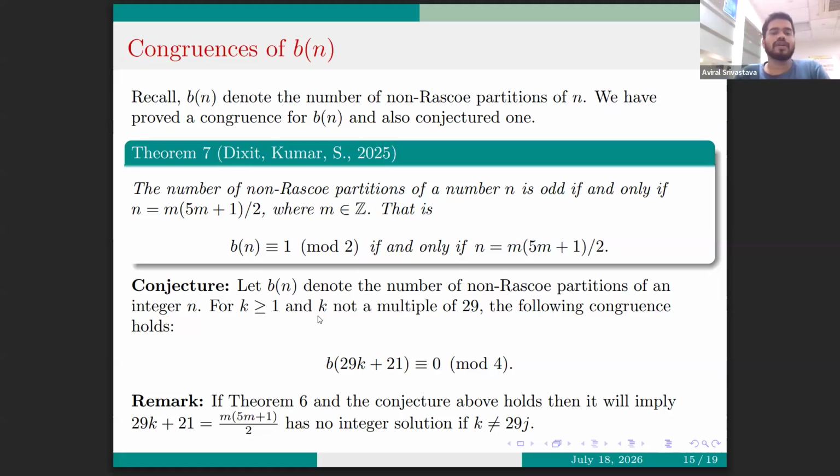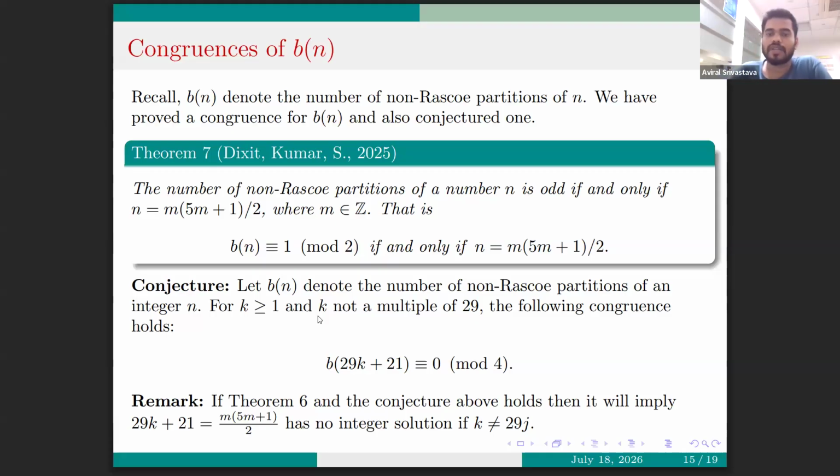Now we have an important conjecture. The conjecture is that B_n denotes the number of non-Rascoe partitions of an integer n. For any integer k greater than or equal to 1, with k not a multiple of 29, we have the following congruence: B(29k plus 21) is congruent to 0 modulo 4.